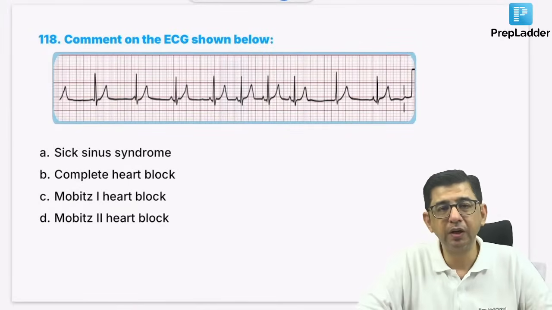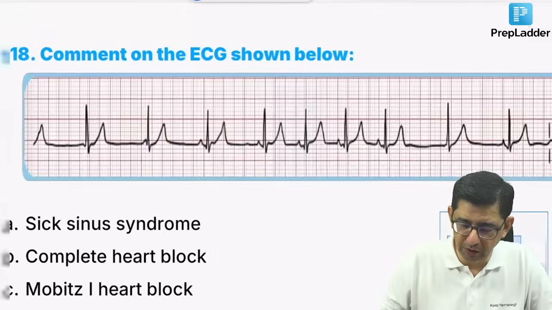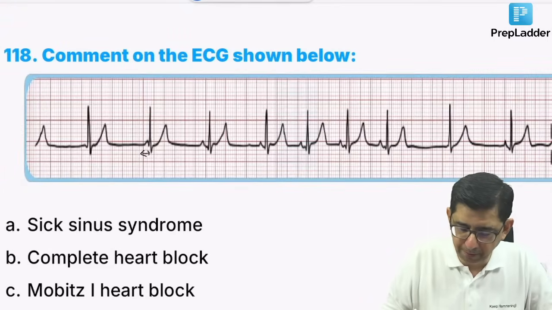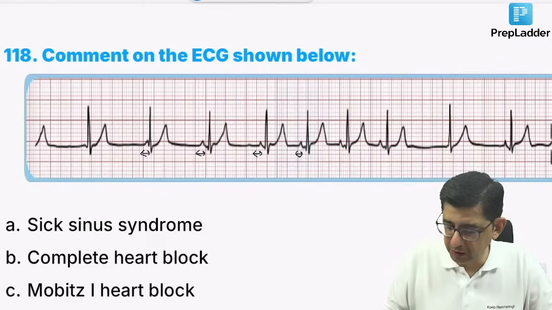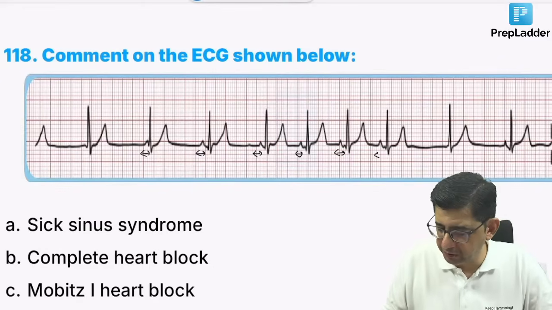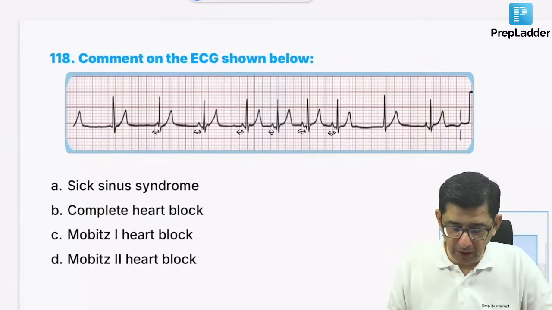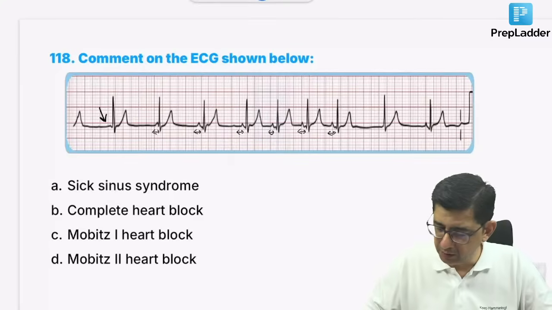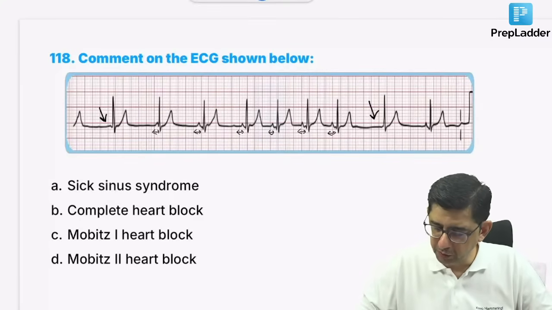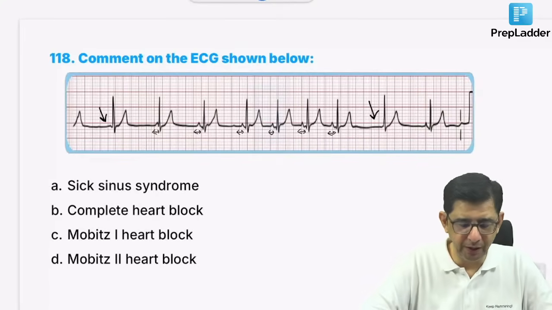Okay, so let's focus on the current ECG that is given to you, and you will notice that the PR interval in this patient is remaining constant. There are no changes in the PR interval. It's a normal sinus rhythm that is coming up, and the PR interval is fairly decent. It's not showing any significant changes. But what you can notice in the ECG is that the P wave is absent the first time and then another time. So the P wave is coming but is intermittently disappearing.